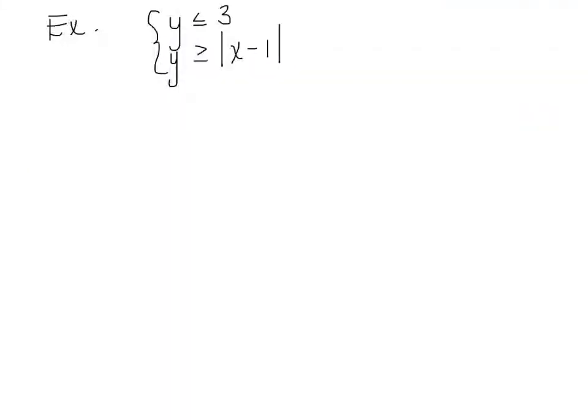Now, what happens if you have a linear and an absolute value system? Well, we would graph those. First, I'm going to graph the line, but you notice both have Y by itself.